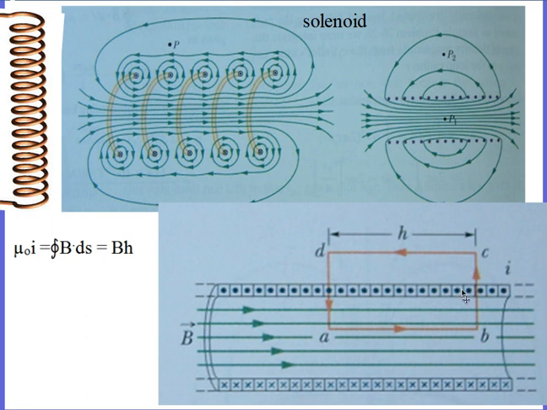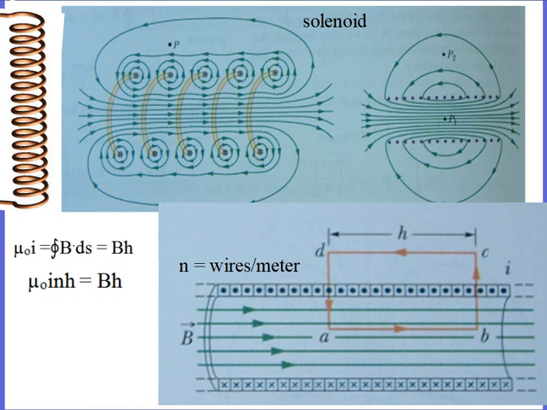That's awkward. How do we talk about that? I'm going to introduce a new thing, which is the turn density, the wire density. How many wires per meter do you have? How many times is a current repeated every meter? And so the current enclosed would be equal to I times the turns per meter times how many meters long that was. So there you get the h. But it's the same h we have over here.